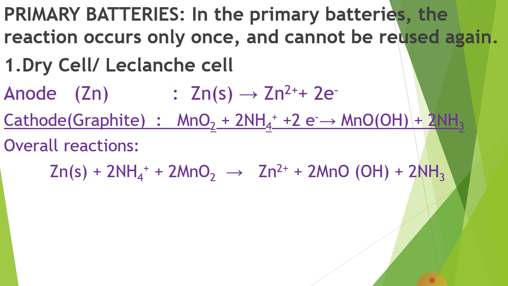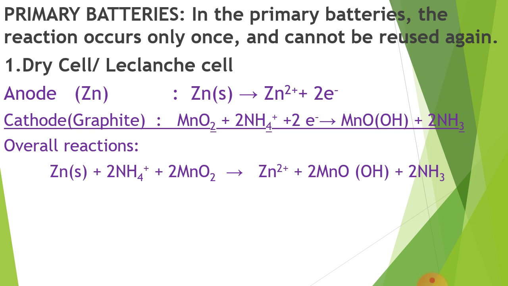As I had told you, at anode oxidation occurs and at cathode reduction occurs. Here also, in this cell, anode is made up of zinc and cathode is made up of graphite.